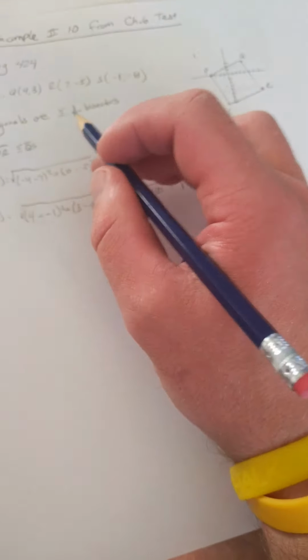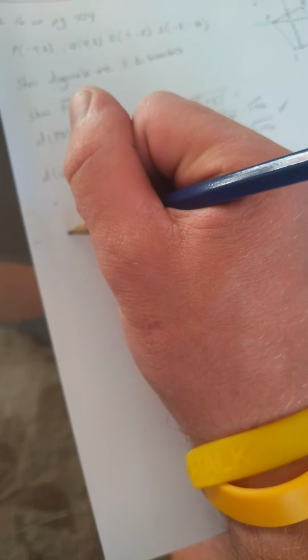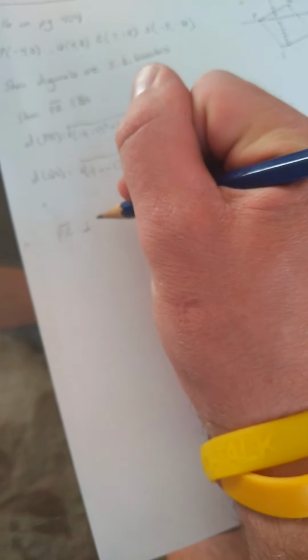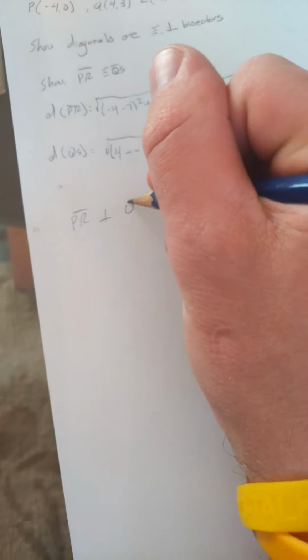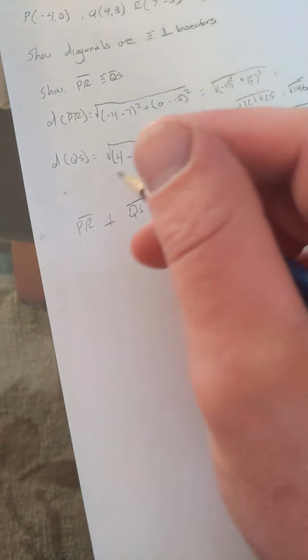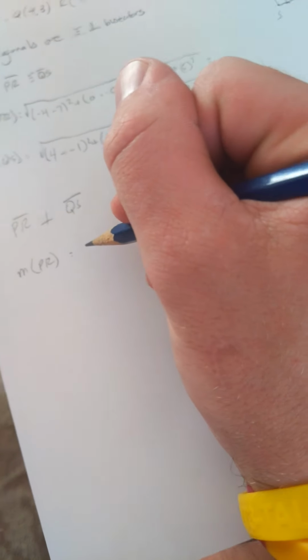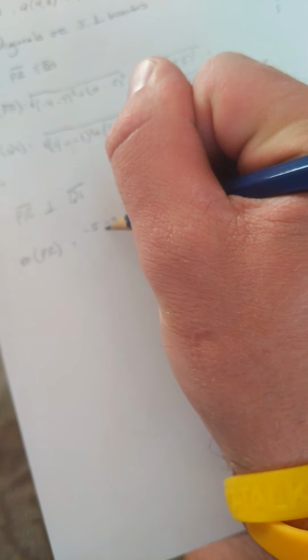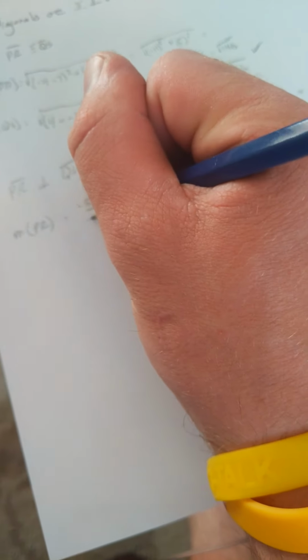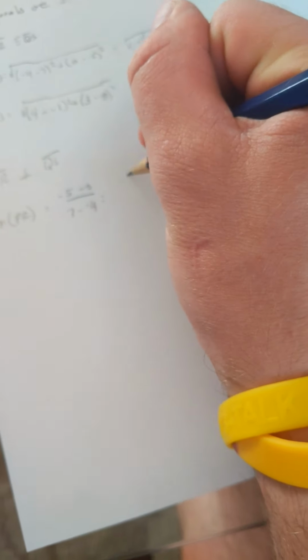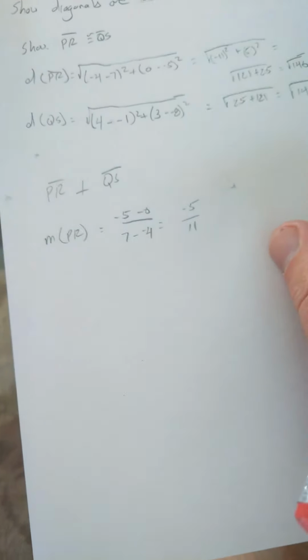Step 2, they're congruent. Now let's show they're perpendicular. So PR is perpendicular to QS. This is the slope, lowercase m, of PR, which is -5 minus 0 all over 7 minus -4, which is -5 over 11.